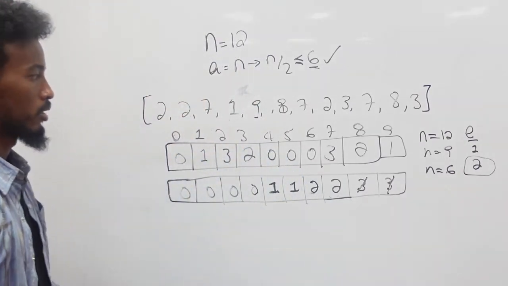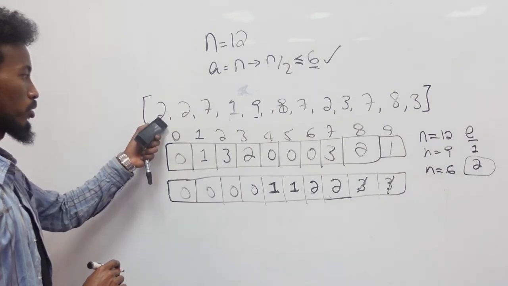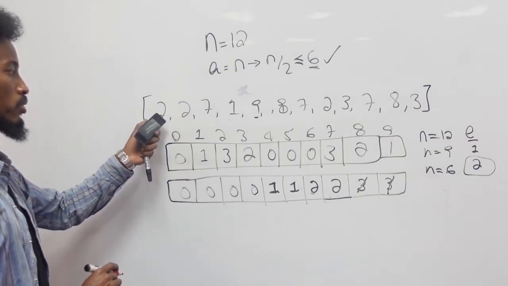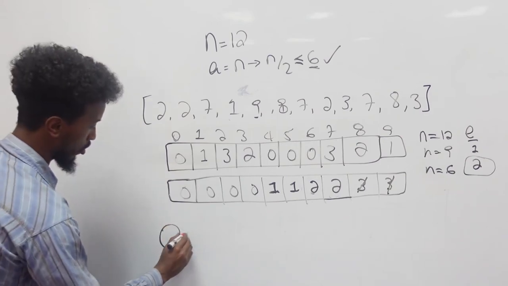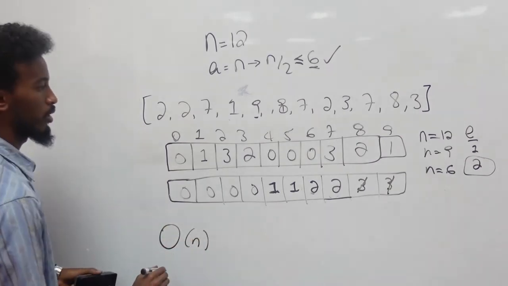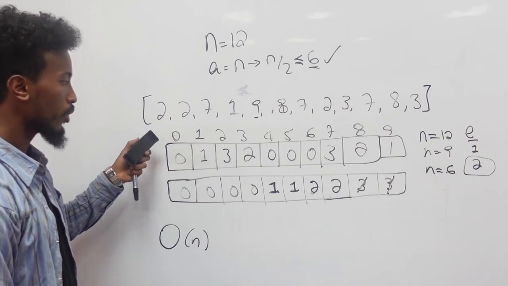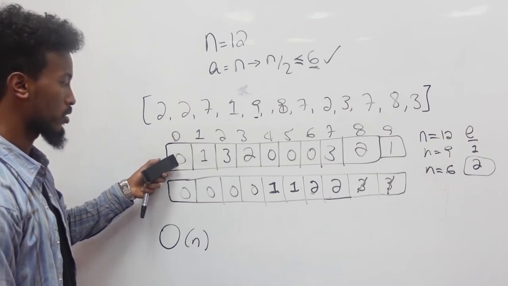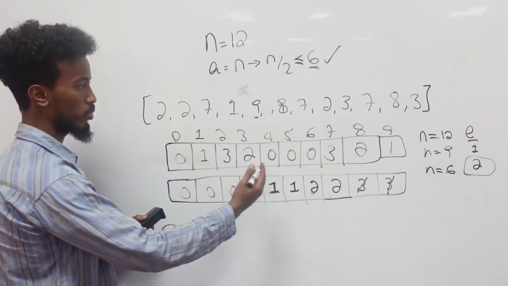The total time complexity for this algorithm will be, first we iterate through this array and fill it, so it will take O of n. Second, we are going to sort this array, whose size is R. We can call it R to represent the range.